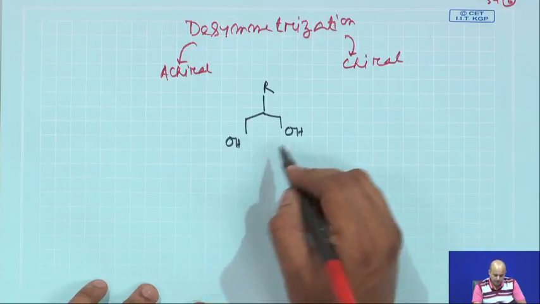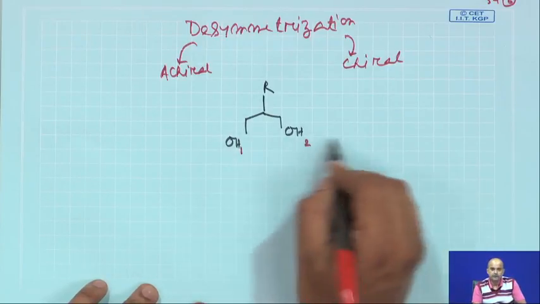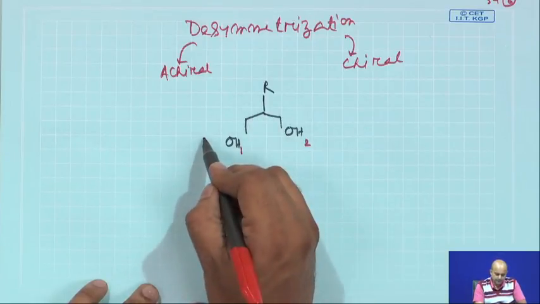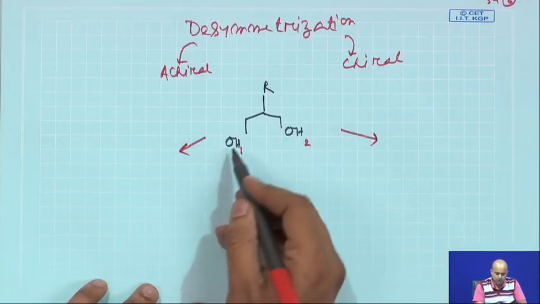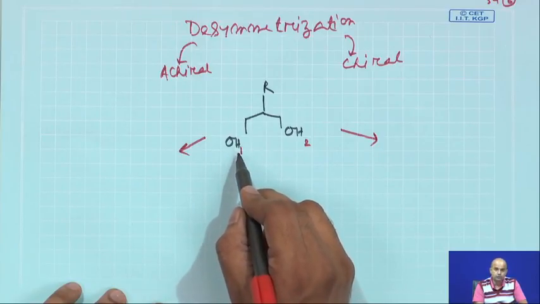Now, OH1 and OH2 are enantiotopic, as we explained earlier. Now, I am saying that you first try to do some reaction on this OH1 in a chiral fashion.